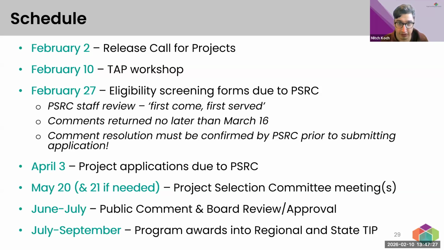At this point, PSRC will be just scoring those grant applications. And then once the scoring is done, we will convene the project selection committee to review these and make recommendations on which projects will receive funding. These meetings are scheduled for May 20th with a possible second meeting on the 21st if we don't get through all of the projects discussion.